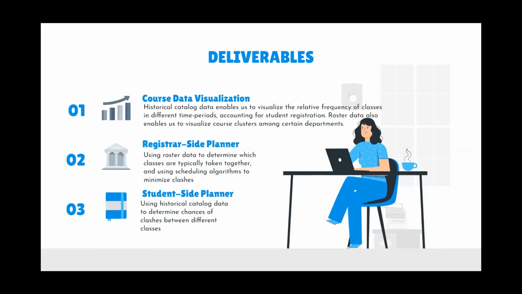Since we know which classes students prefer taking together, the registrar can weigh the significance of clashes between classes to determine the most optimal course schedule for students. Lastly, we created a schedule planner for students who could visualize how likely 2 or more classes will collide. This provides students the complete information and foresight to draft the optimal future course plan.